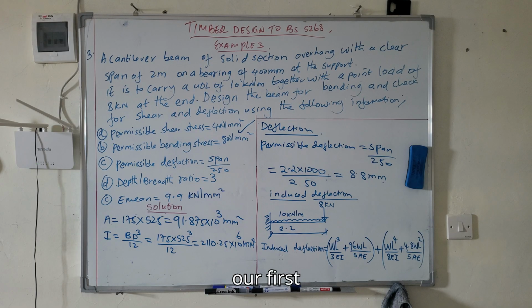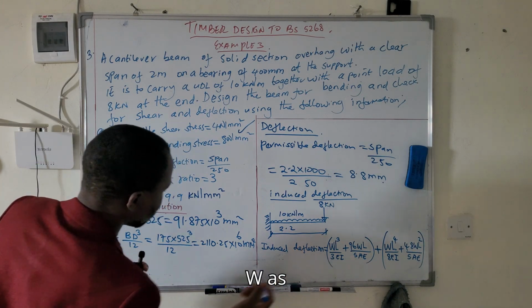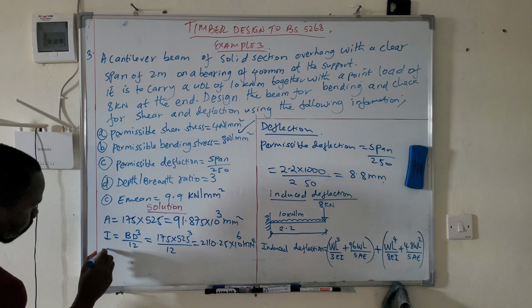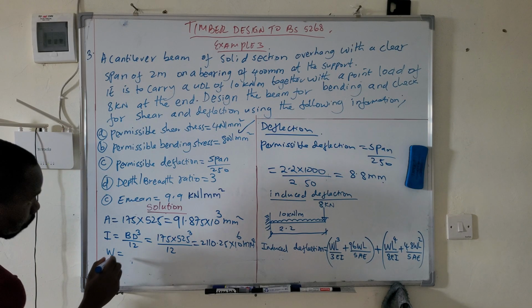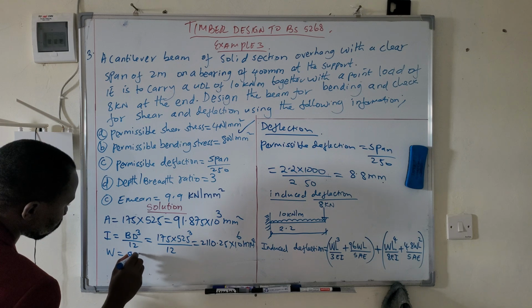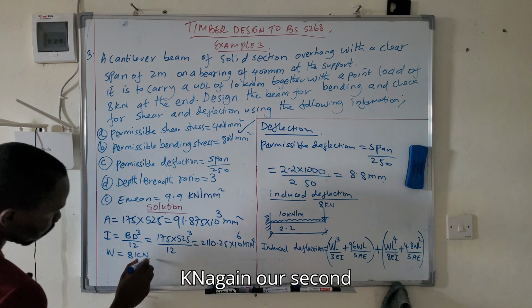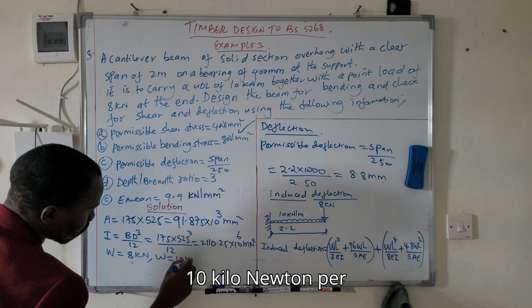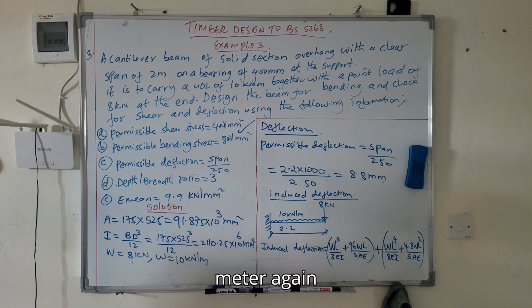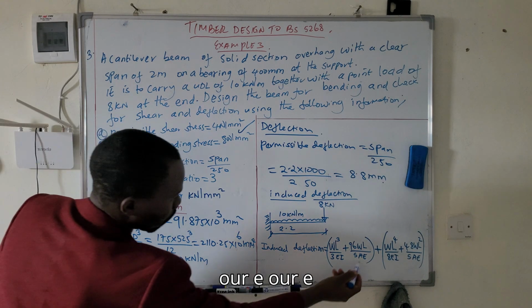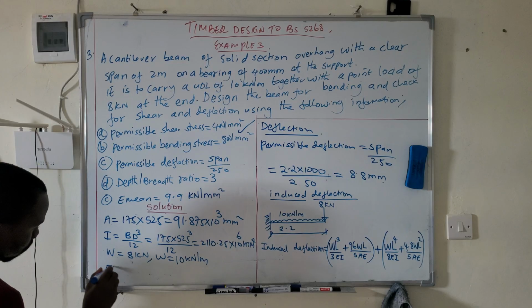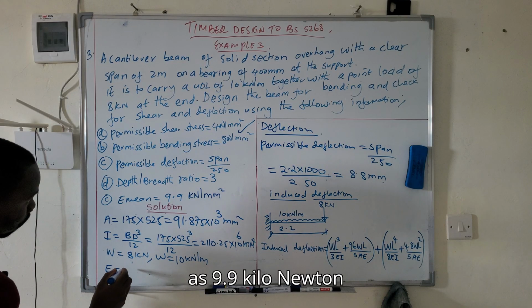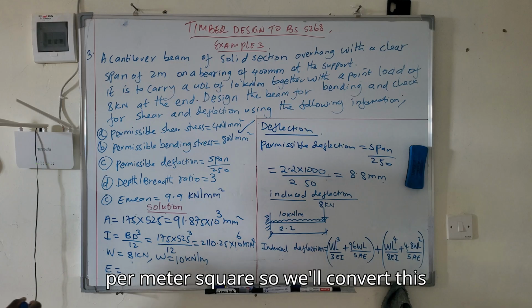And then we have our first W as 8 kilonewton. Again, our second W as 10 kilonewton per meter. Again, we have our E as 9.9 kilonewton per meter square.